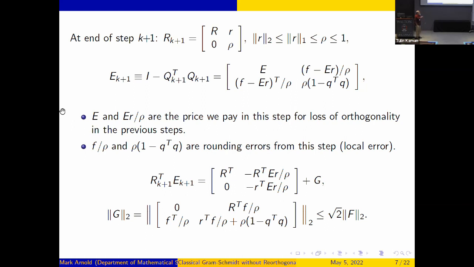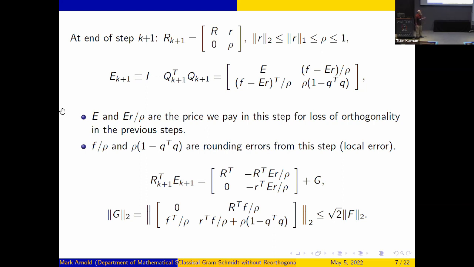And so if I compute I minus Q k plus 1 transpose Q k plus 1, I get this kind of structure. The main terms here, E and E times R over rho, are the price we pay in this step for the loss of orthogonality in Q from the previous steps. But these terms with the little f and rho times Q transpose Q just come from rounding errors that were made in this step.